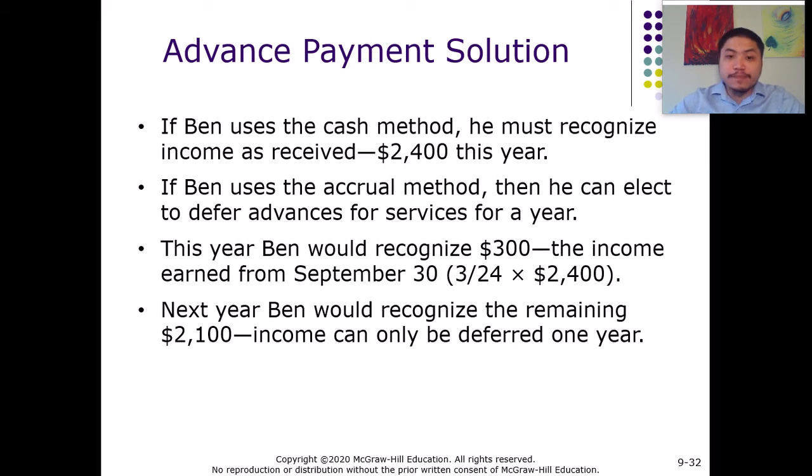So that's why Ben has to finish recognizing the income by the second year. But for financial reporting purpose, he may recognize income over the span of the contract period. So I just want to point out the differences between financial reporting purpose and tax purposes. They are very different.